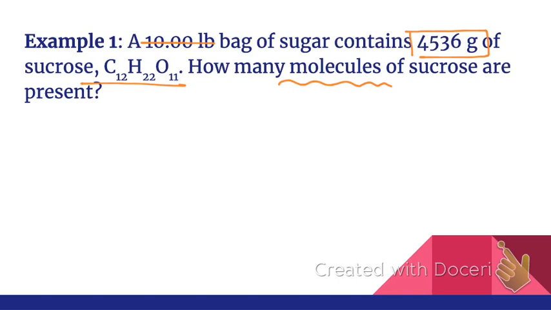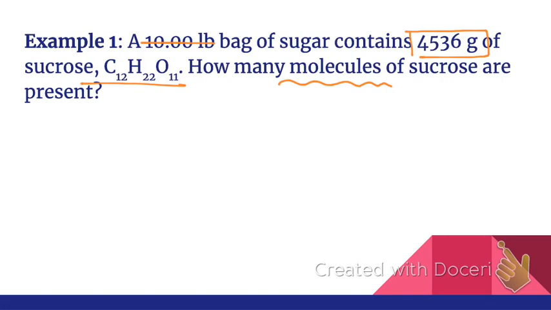If you look at your roadmap, the middleman is the mole. It's like two-step metric conversions: you convert to the mole, and then you can go to any other particle using the appropriate conversion factor. Because my given is grams, the map tells me to go from grams to moles to molecules.